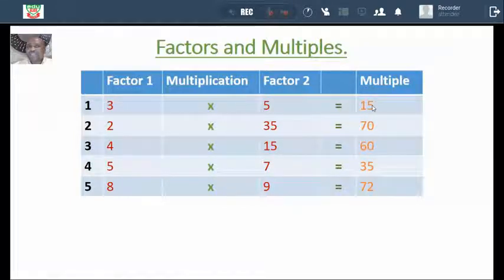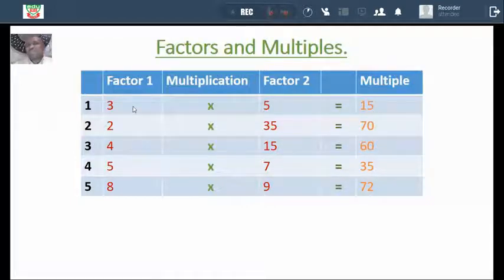Now, in the second explanation of multiples, we said if two numbers are multiplied, the number we get is a multiple. So if you take 3 multiplied by 5, you get 15. It means 15 is a multiple. So 15 is a multiple of 5 and 15 is a multiple of 3. What does that mean?